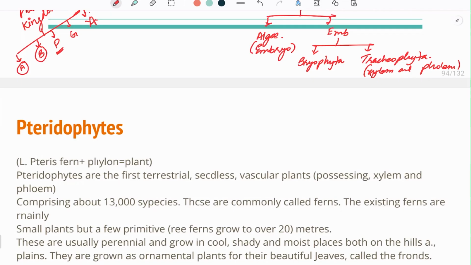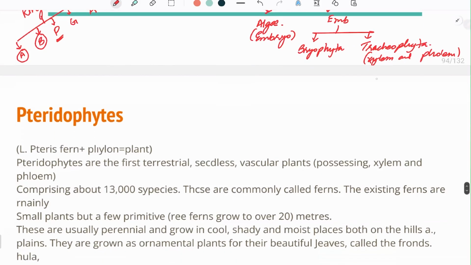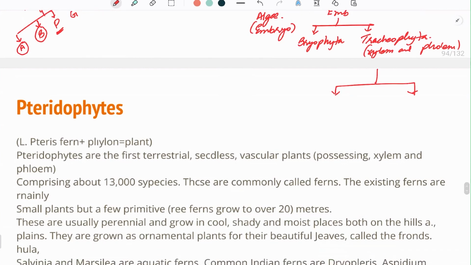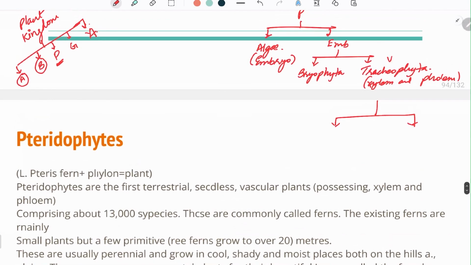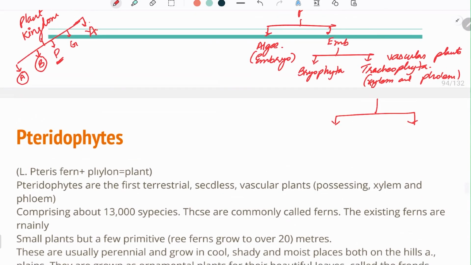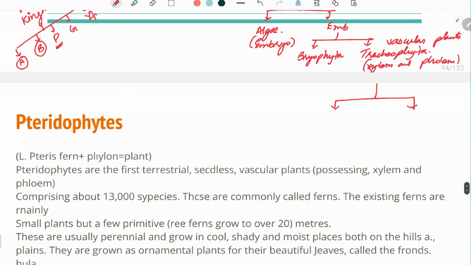Now, in Tracheophyta, we see that there are again two divisions on the basis of seed. Tracheophyta are first of all the vascular plants, and on the basis of seeds, if the plant has seed, it is called spermatophyta.